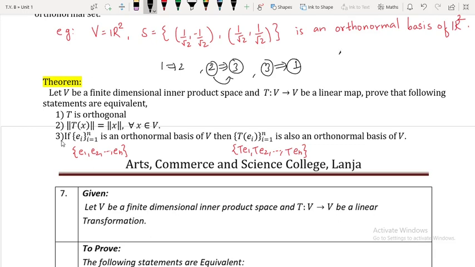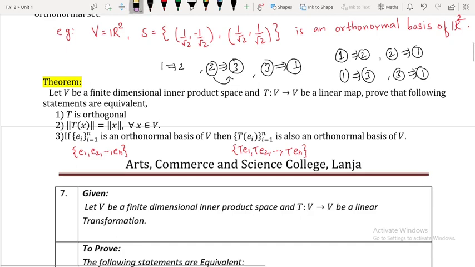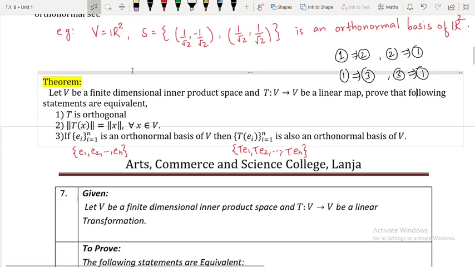So first of all we are going to prove 1 implies 2, then 2 implies 1, then 1 implies 3, see properly here, and then 3 implies 1. So we are going to prove actually these 4 implications. Once we prove all these 4, then we are through.